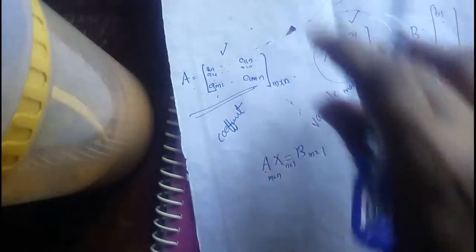So we can write the above system of equations in the form Ax equal to B. A is a coefficient matrix, x is a variable matrix, and B is a constant matrix.